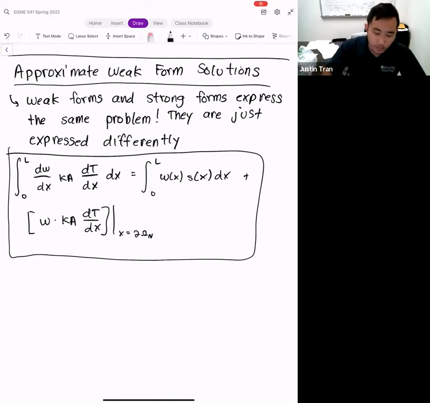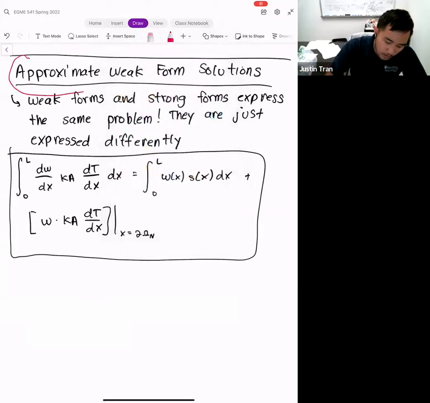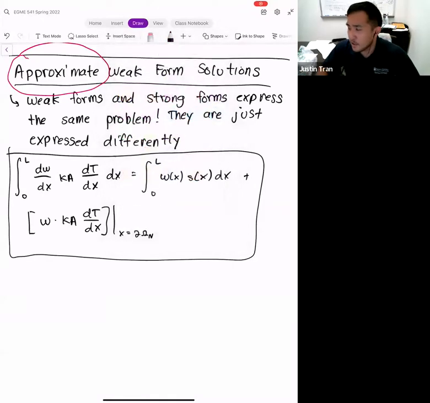It's just the way that we approach it. Okay, and so the key word here in this section is approximate solutions. You could very easily find approximate solutions to the strong form as well, using a very simple method. It's just that the reason we do this for the weak form is because it's kind of a precursor to finite elements, because that's kind of how we do it with finite elements.